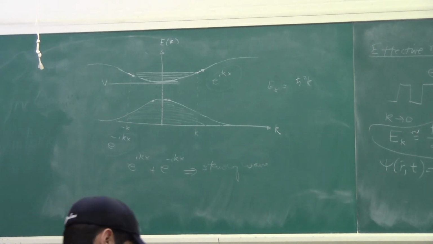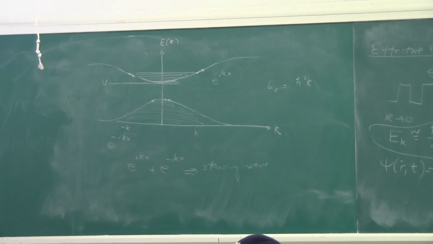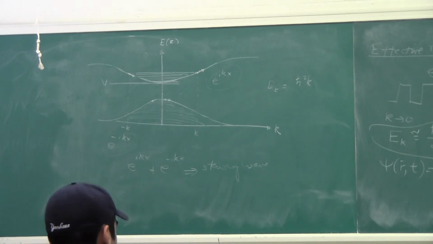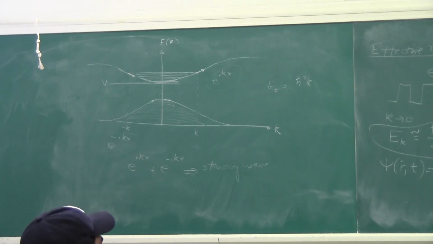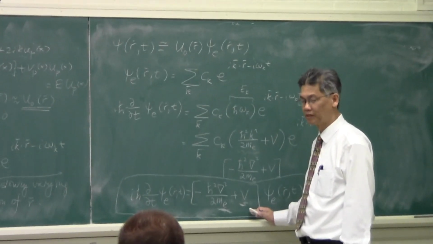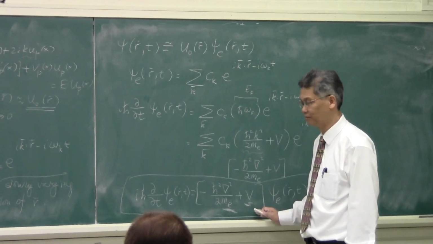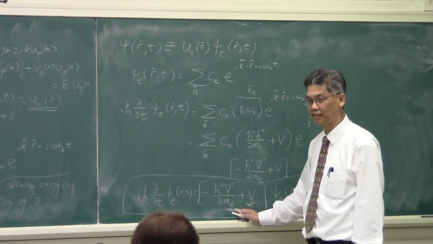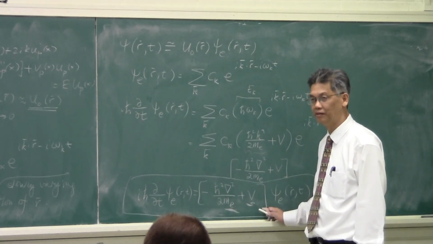That value is called V. And that makes this look exactly like the Schrodinger equation you have learned in the beginning of class. This looks like the Schrodinger equation for an electron traveling through vacuum. But this electron is not traveling through vacuum. It's traveling through a crystal lattice. And it has this effective mass and this effective potential.